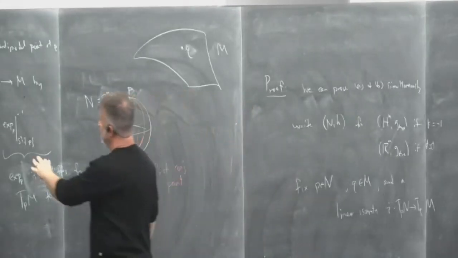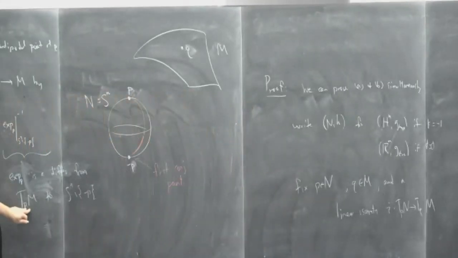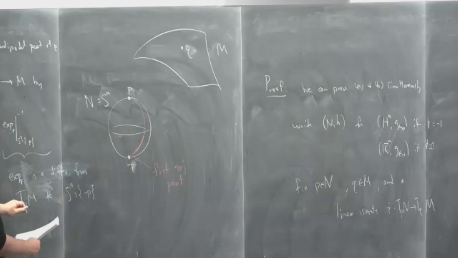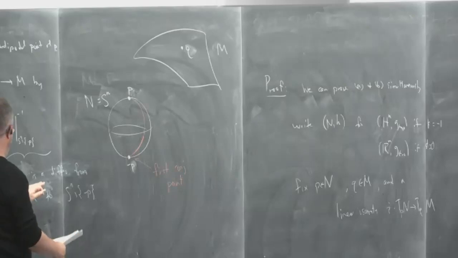So in this case, in order to be able to invert this, we know that this actually maps, I've done something wrong here. It's not a diffeomorphism from there to there, right?